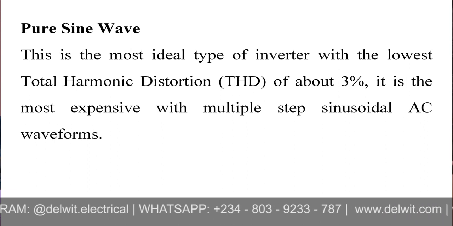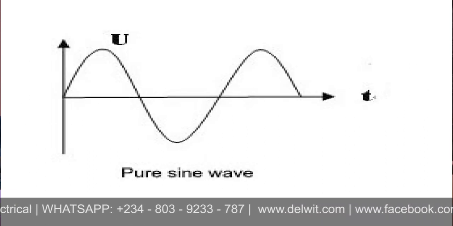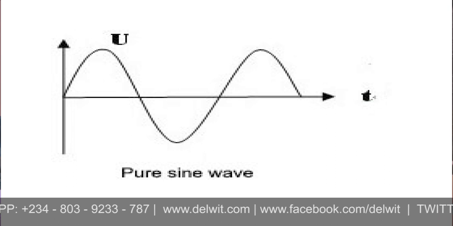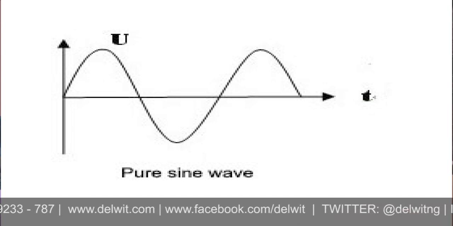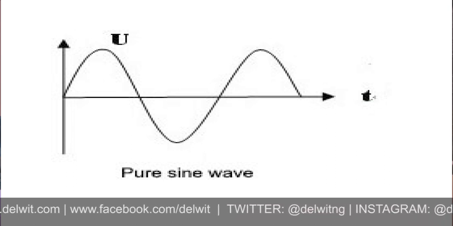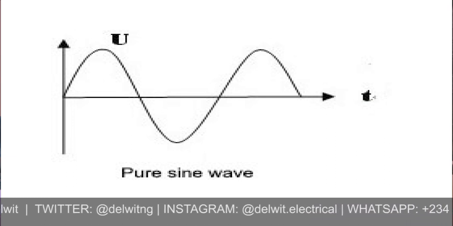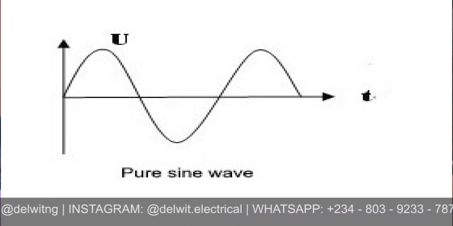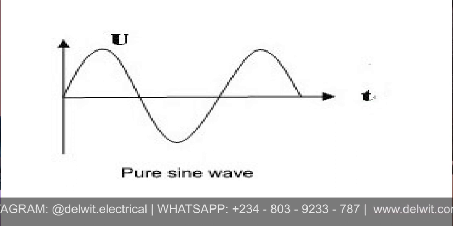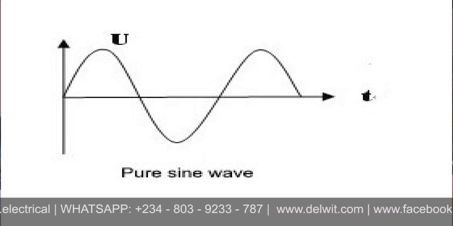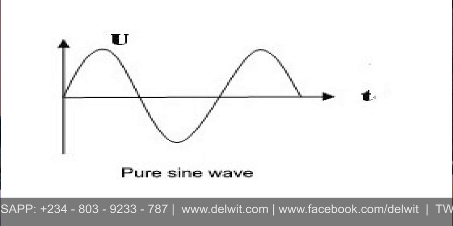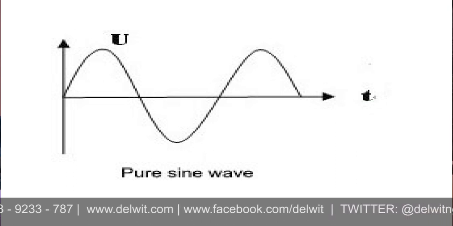If you look at the graph, it's a pure sinusoidal wave, and most equipment work with this. All your alternating current is sinusoidal in nature, so all your equipment is built to function effectively with the sinusoidal nature of AC. So I advise that we should all go for a pure sine wave inverter.